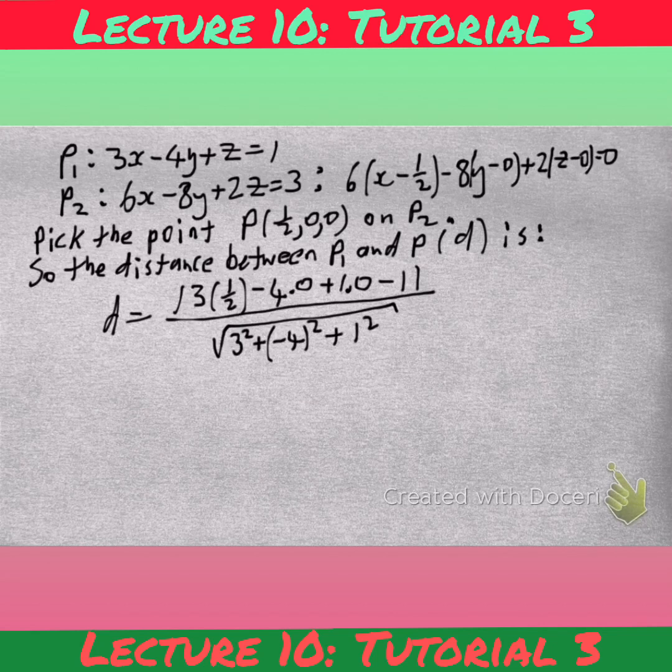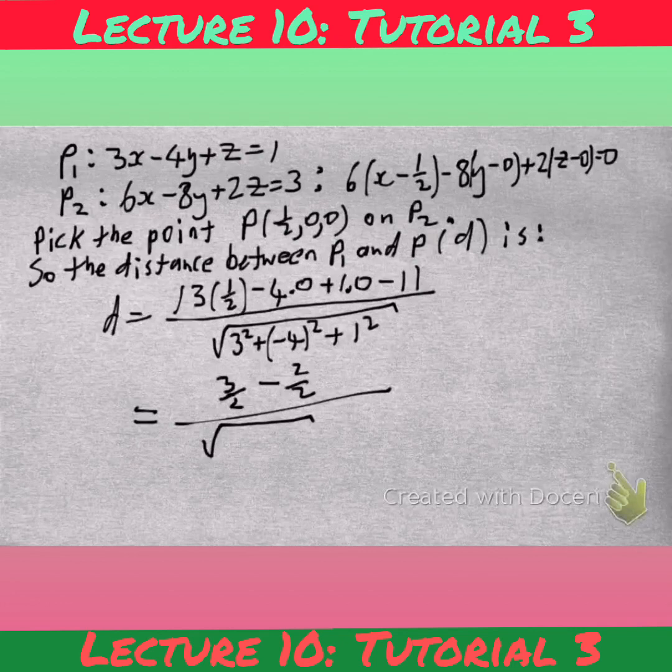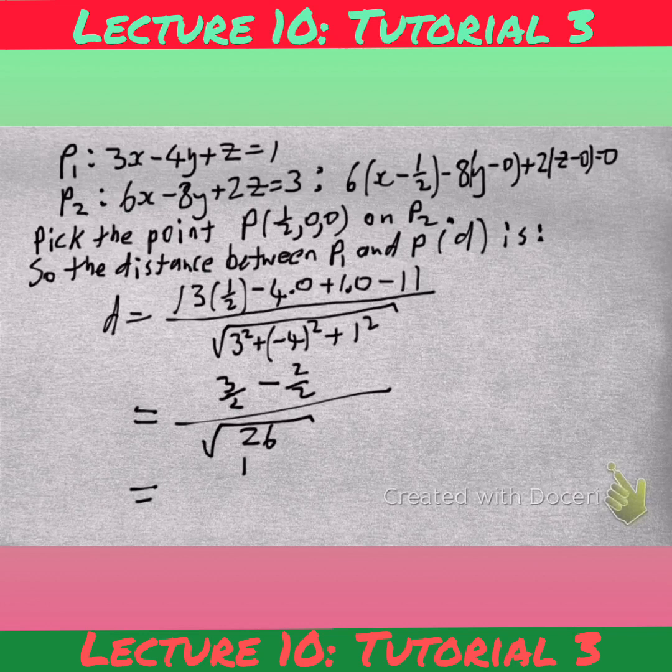Okay, so then you can simplify that to 3 over 2 minus 2 over 2 divided by the square root of 9 plus 16 plus 1, which is 26. And so basically the distance becomes 1 over 2 square root 26. Okay, so the distance between the two planes is 1 over 2 times square root 26 units.